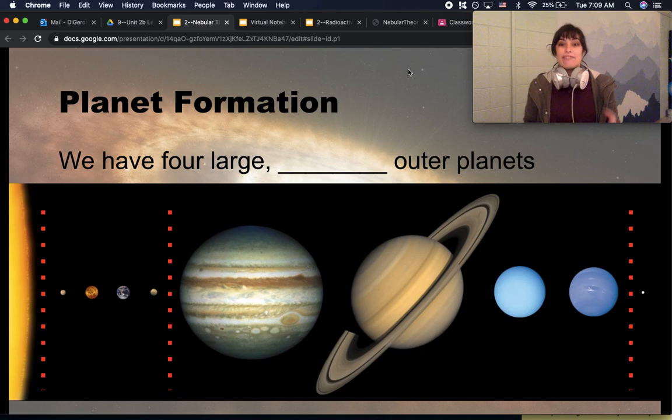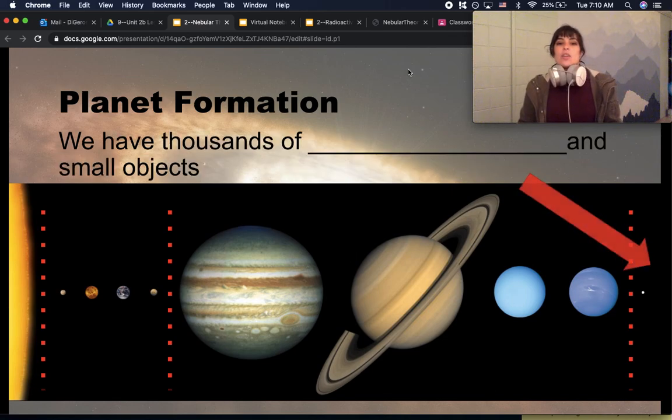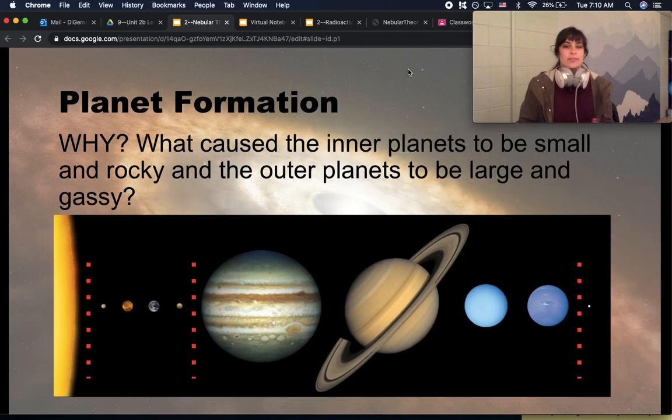And then we have 4 large gassy or gaseous outer planets. They might have rocky cores, but most of their mass is taken up by gas. We also have thousands of dwarf planets like Pluto and other tiny space objects like comets and asteroids that are out there in the Pluto zone.